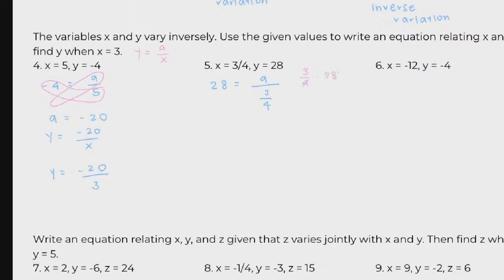So we can simplify this. 28 divided by 4 is 7, and 3 times 7 is 21. So that means a is going to equal 21, and the equation is going to be y equals 21 over x. Now, since we want to find y when x is 3, we're going to plug in 3 for x, and we get 7.